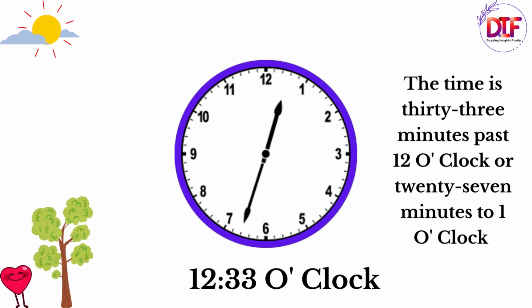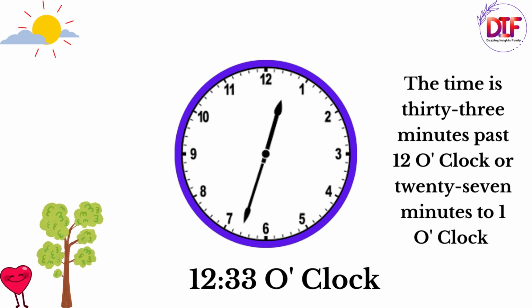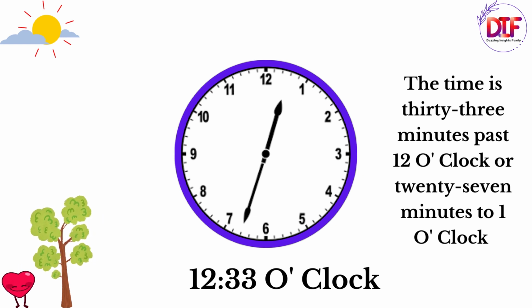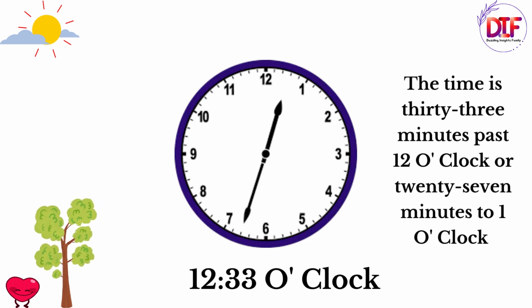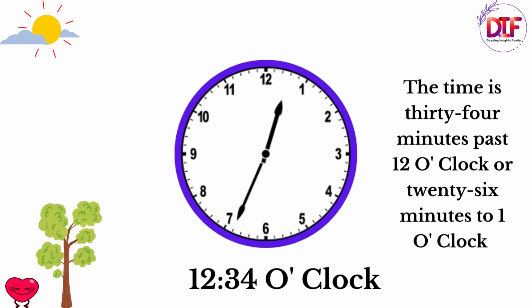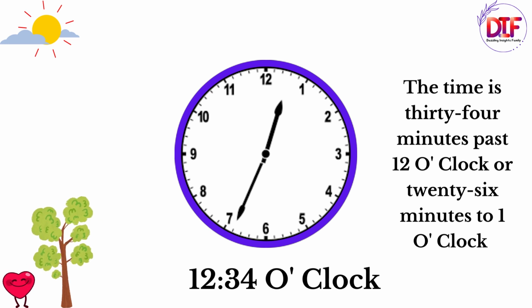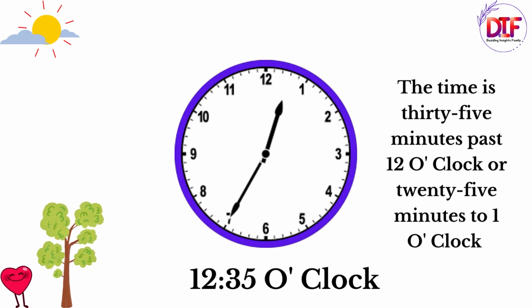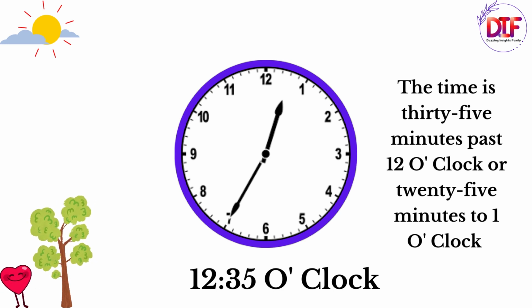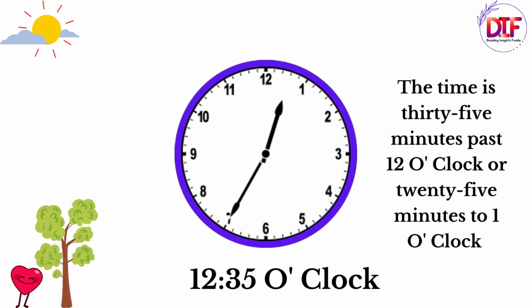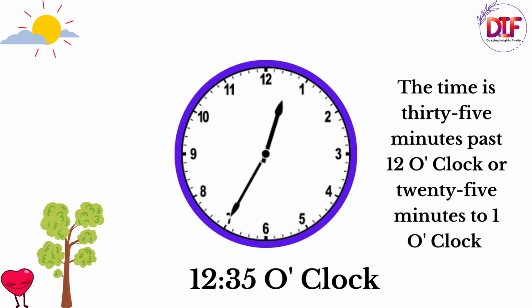For example, now that it is 33 minutes past 12, you can also say it is 27 minutes to the next hour, which is 1 o'clock. Okay? Then 34 minutes past 12 or 26 minutes to 1 o'clock. 35 minutes past 12 or 25 minutes to 1. So that's how you count it backwards from the half past. Okay? So let's continue.